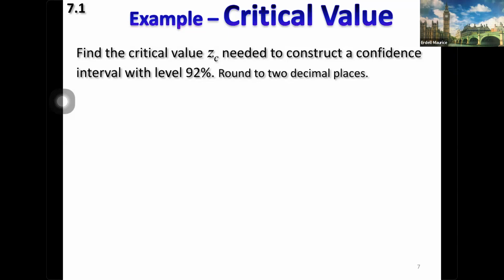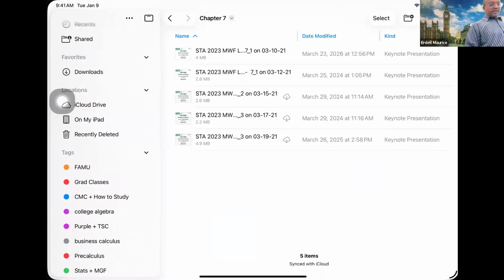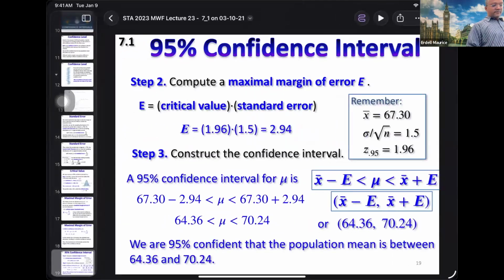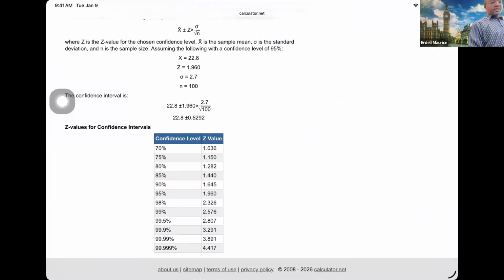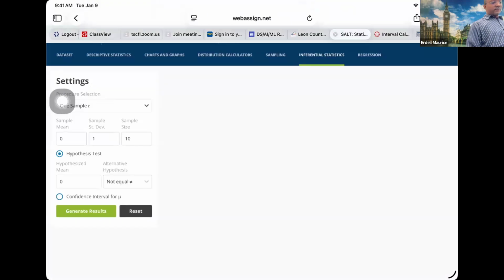All right, anybody want to tell me what the answer is? 1.75, is that what we got? 1.75? Then why don't you say something? You don't just let somebody else say the answer. All right, so come over here. And then we go into SALT right here.